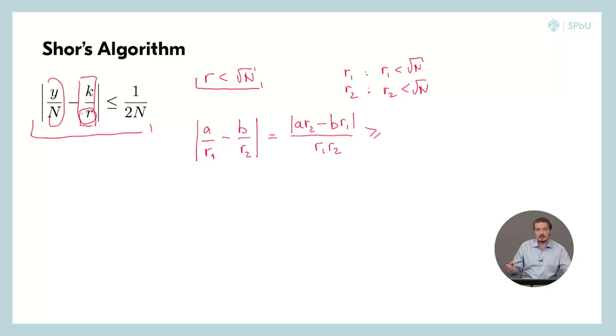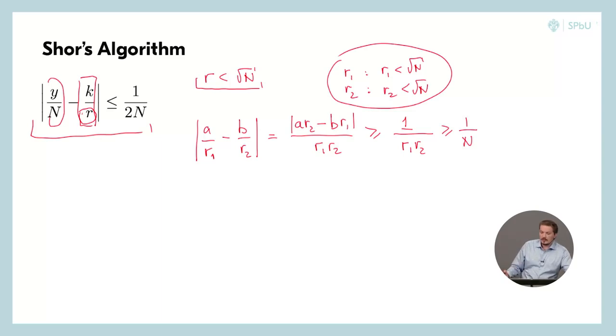And since these fractions are not equal to each other and a and b are integers, it is greater or equal to 1 divided by r1 r2, and this is greater or equal than 1 divided by n, because we have these inequalities for r1 and r2.